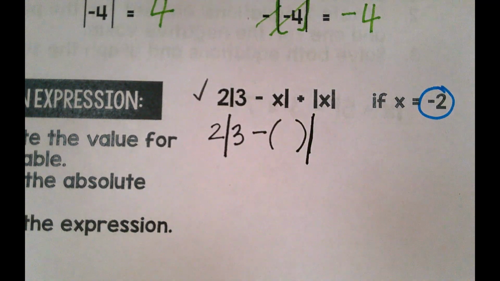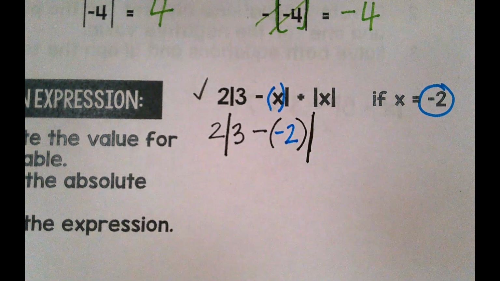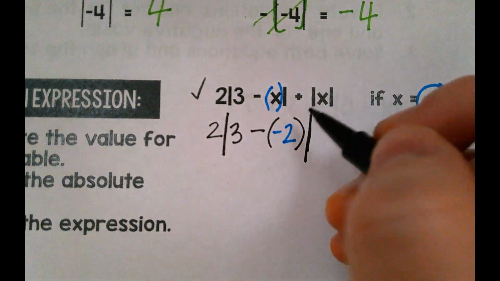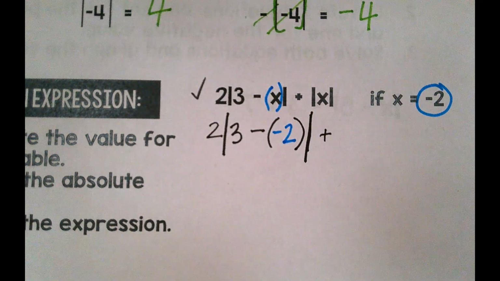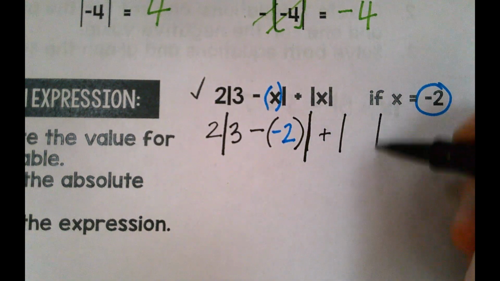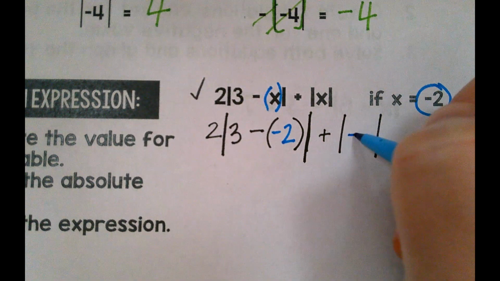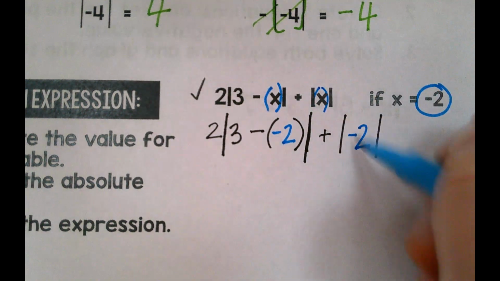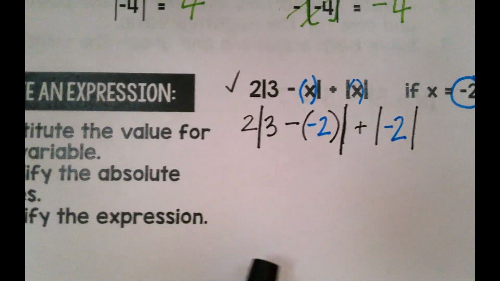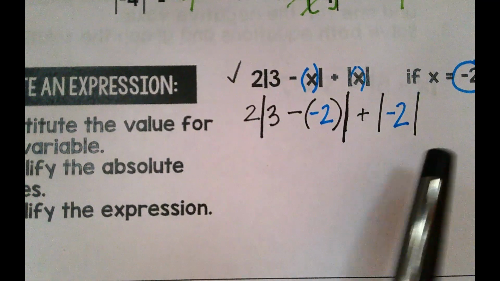So what are we putting instead of that X? -2. Good. Okay. What else needs to come down? The addition sign. Yep, addition sign. Absolute value again of -2. Yes, absolute value again of -2. Plugging in -2 for X. Okay. So I brought everything down. So that was step 1. Substitute the value for the variable. We just did that. Done.